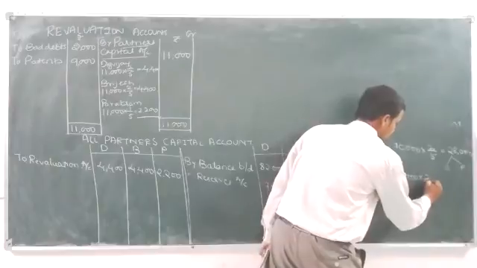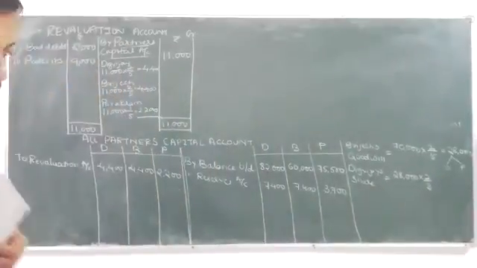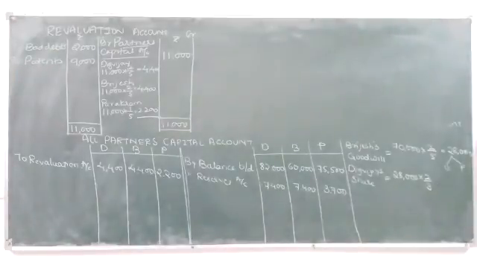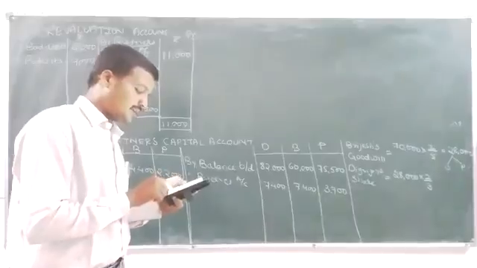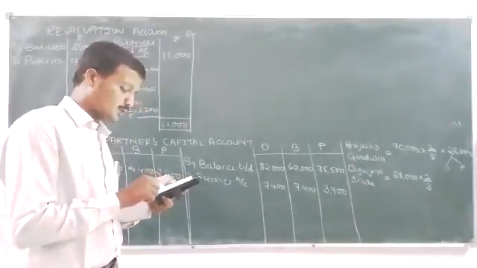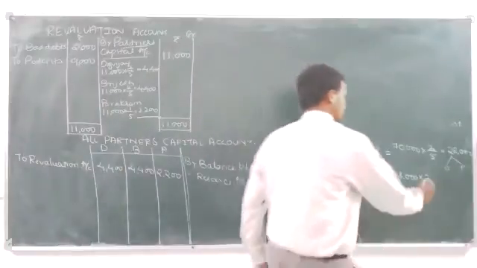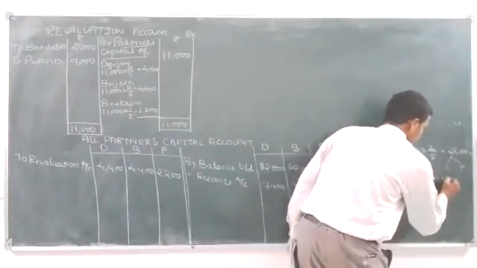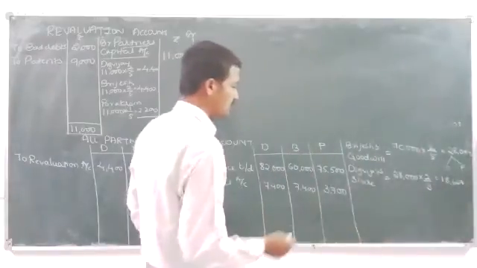Digvijay's share is equal to 28,000 into 2/3. That comes to 18,667.